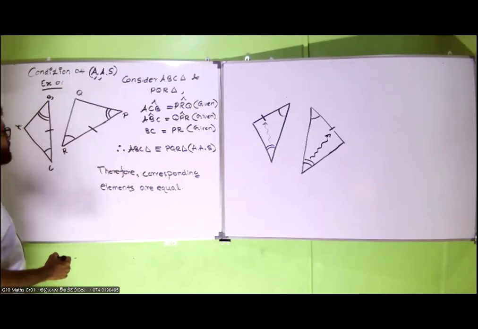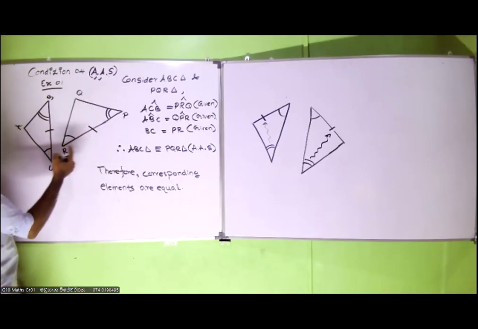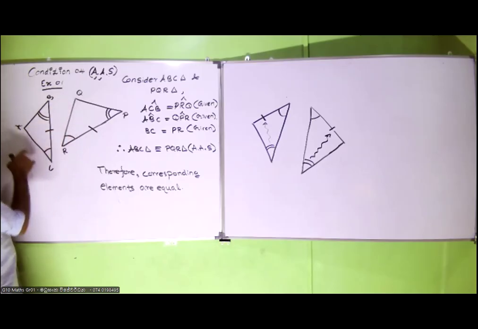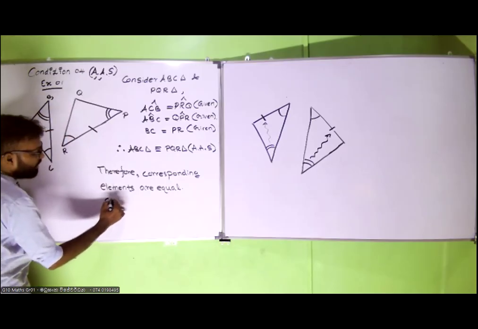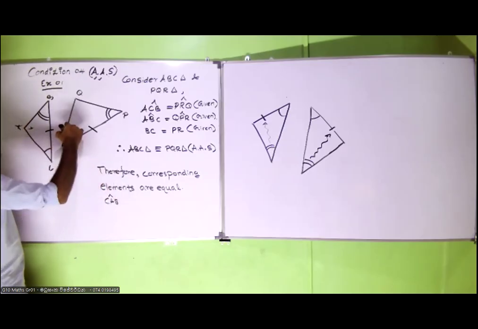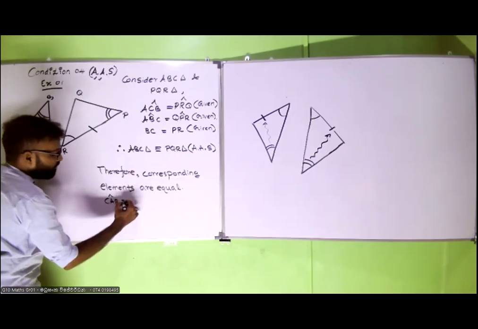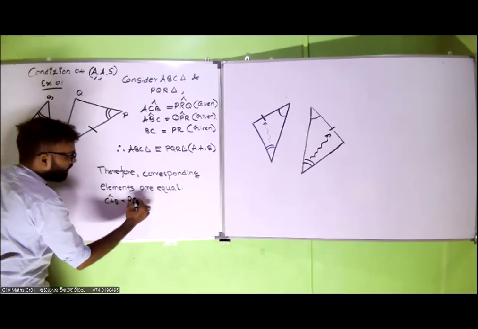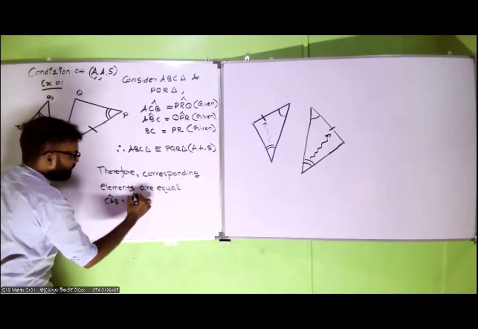So what are the corresponding elements? We have two angles already. The remaining angle is CAB from triangle ABC, which is this one. It is equal to angle RQP, definitely, because that is the only angle we have.